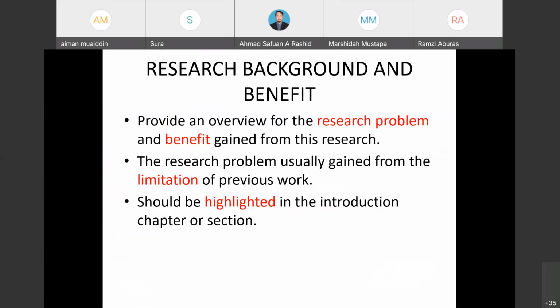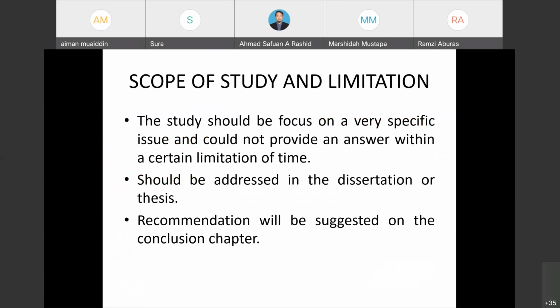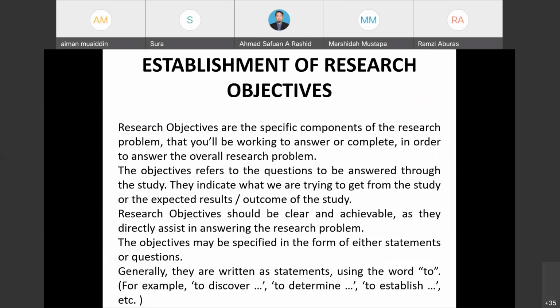We will continue on the hypothesis. Sorry, I will go back to the research objective. Normally we need to have at least three research objectives.